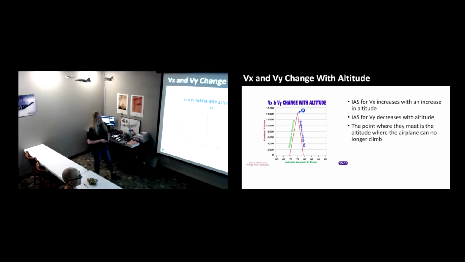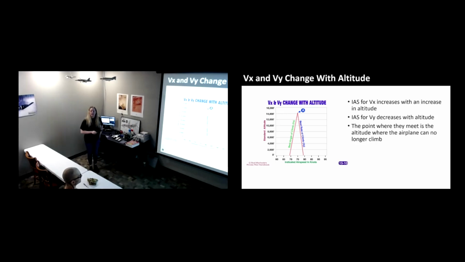Indicated airspeed for Vx will increase with altitude and decrease for Vy. It decreases very, very little. Notice it's only changed about 6 or 7 knots over 14,000 feet. You've been climbing for probably an hour.